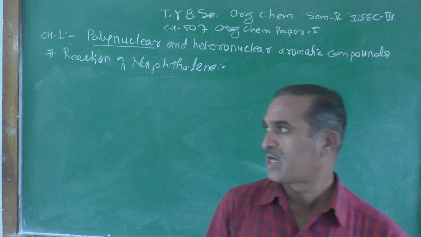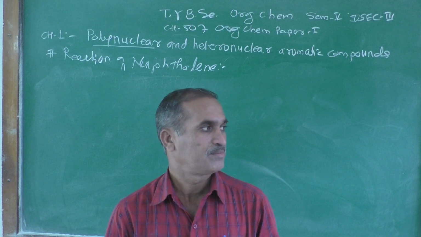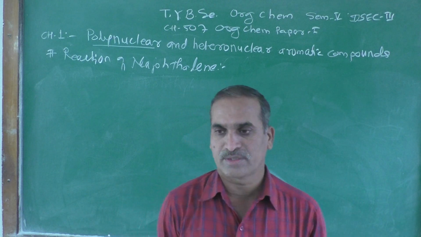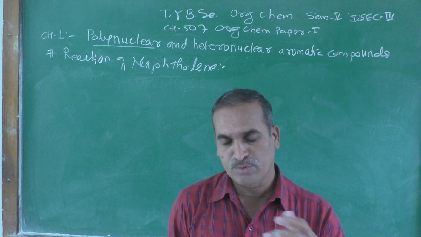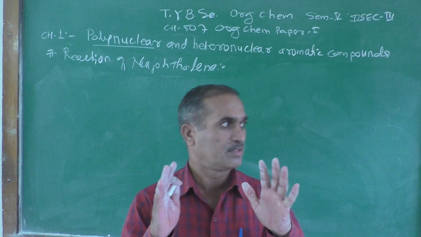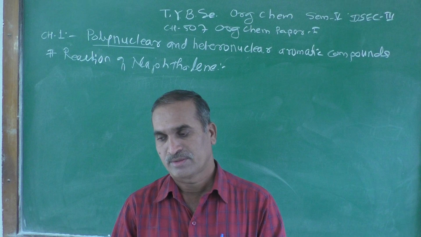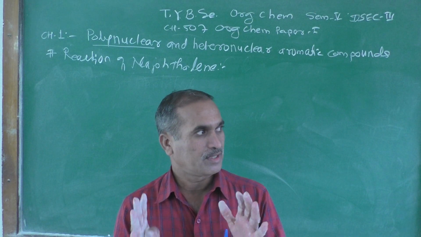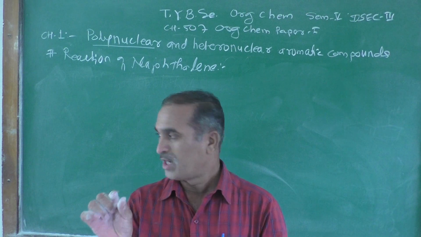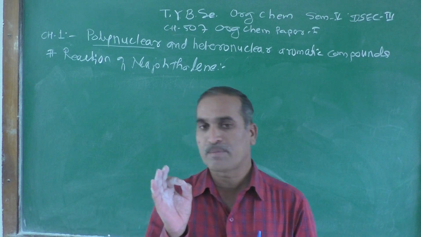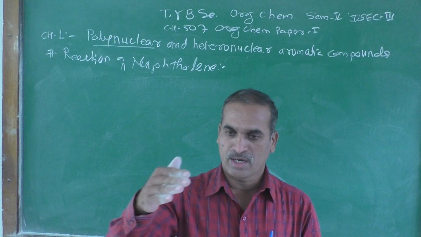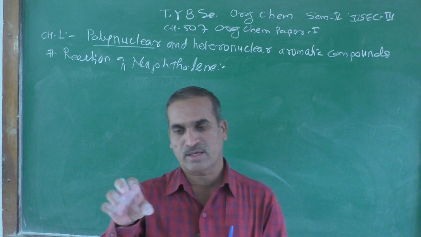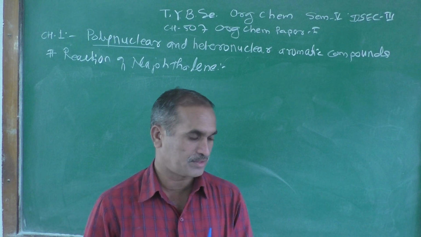And as we know, generally, what do we mean by the Friedel-Crafts reaction? There are two types of the Friedel-Crafts reaction. One is called the Friedel-Crafts alkylation reaction, and another one is called the Friedel-Crafts acylation reaction.